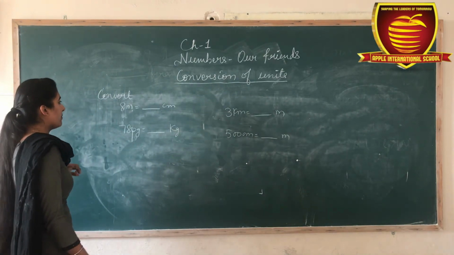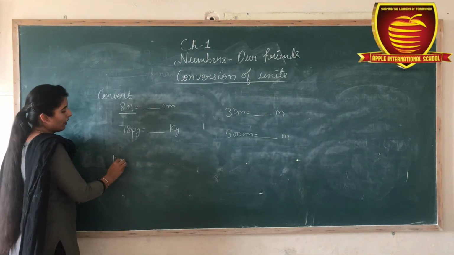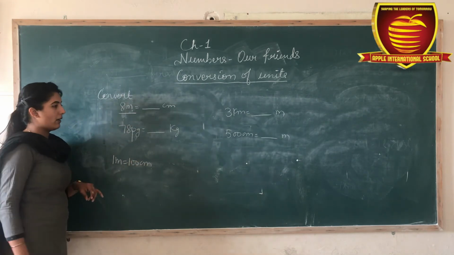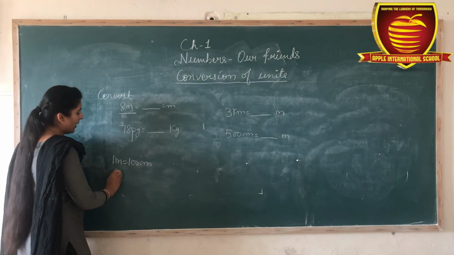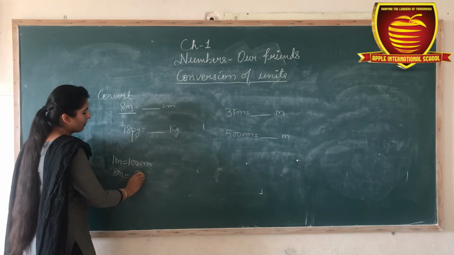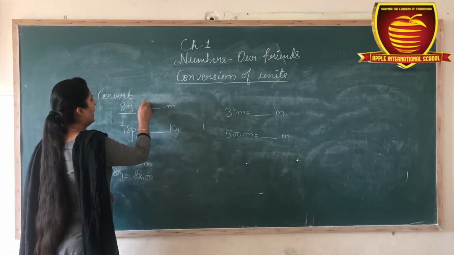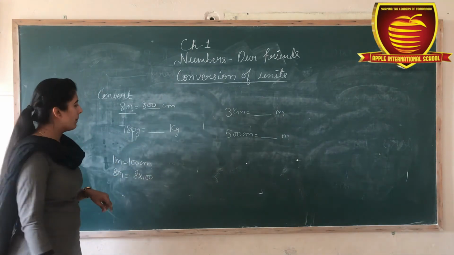As we all know, 1 meter is equal to 100 centimeters. If we talk about 8 meters, then it is multiplied by 100, so it becomes 800 centimeters.